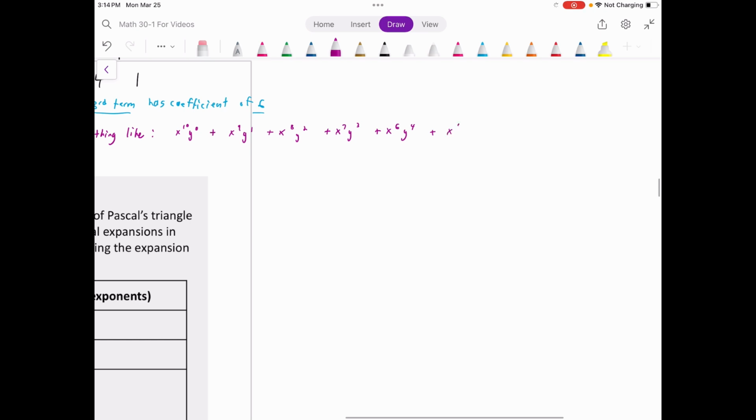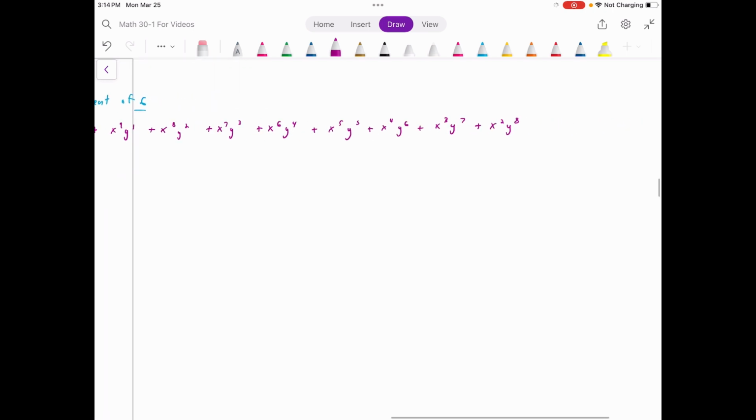Plus x to the 5th, y to the 5th, x to the 4th, y to the 6th, plus x cubed, y to the 7th, plus x squared, y to the 8th, almost there, plus x to the power of 1, y to the 9th, plus x to the power of 0, which is just 1, y to the power of 10.